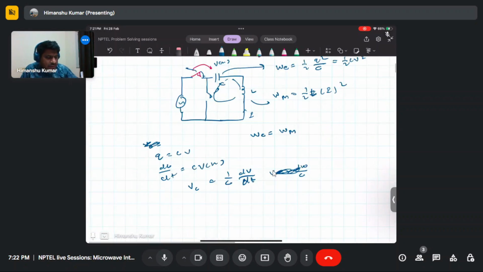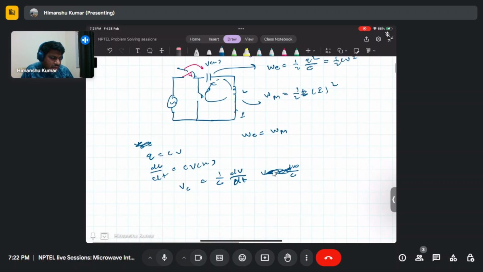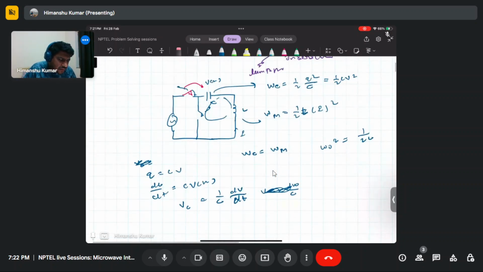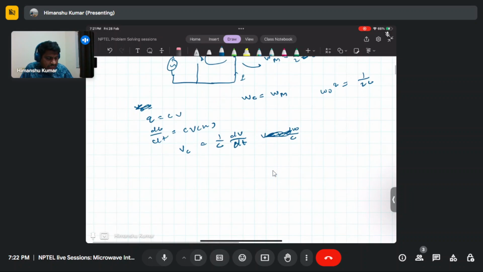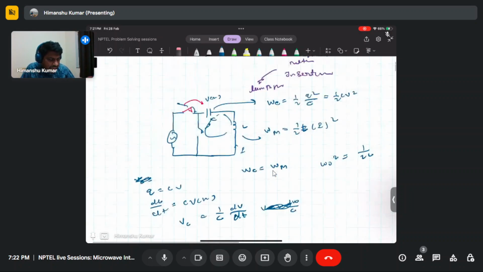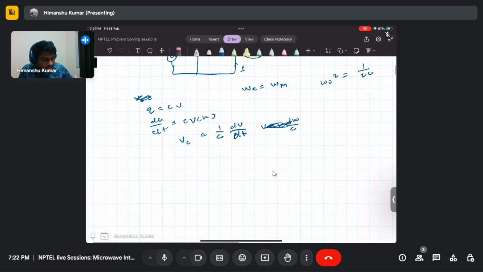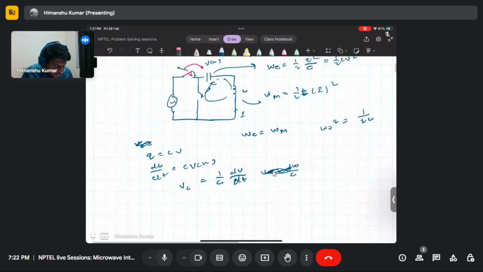If you equate electric and magnetic energies, you will reach omega naught square equals 1 by LC. So basically, how will you get it? You can write V in terms of I, and then you just equate the equations, and then rearranging the terms, it will give you this.